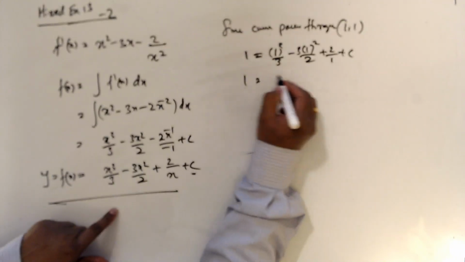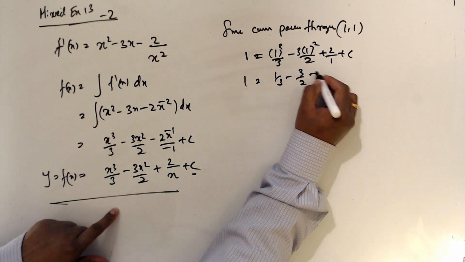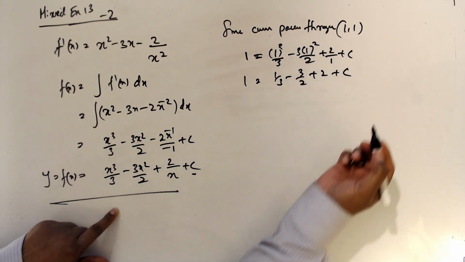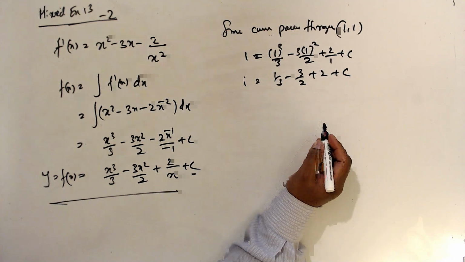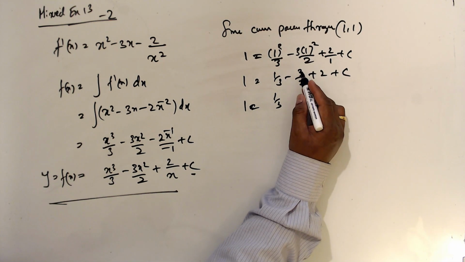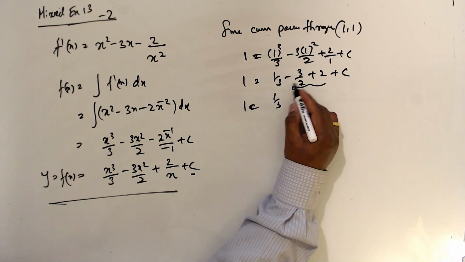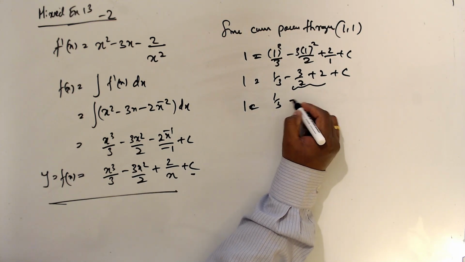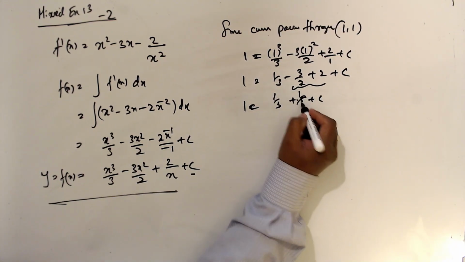So this is 1 equal 1/3 minus 3 over 2 plus 2 plus c. So 1 equal 1/3, and 3 divided by 2 means 1.5. So this value is going to be plus 0.5 plus c, or plus half.